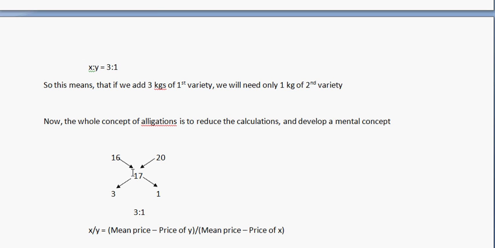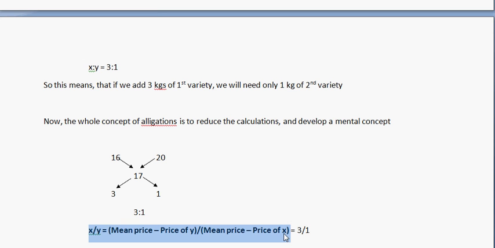So mean price is 17 minus price of y, which is 20, so the absolute value is 3. In the second case, mean price 17, price of x 16, so it would become 1. So 3:1. This is a simple and easy formula to commit.